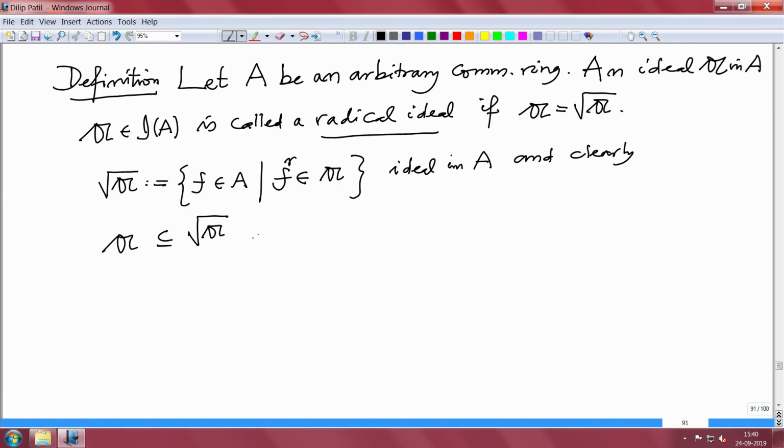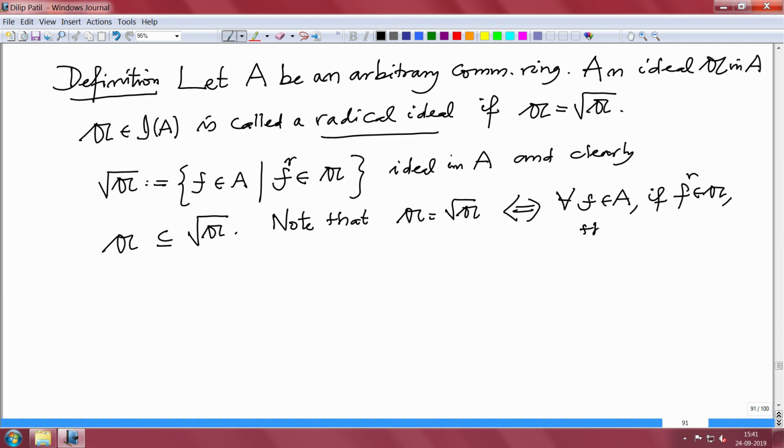So, note that A equals root of A if and only if for every f in A, if f power r belongs to A for some natural number r, r bigger or equal to 0, then f already belongs to A. Because f belonging to the root means a power of f belongs to the ideal, then it should already belong to A. So, that means this is what I wrote, if and only if.